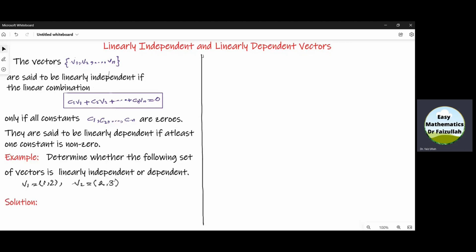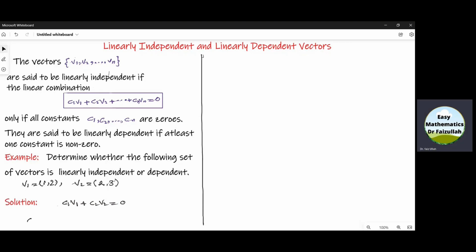In this example, we are given two vectors, v1 and v2. They belong to R squared. Let us determine whether they are linearly independent or dependent. So we shall put the linear combination C1 V1 plus C2 V2 equal to a zero vector.